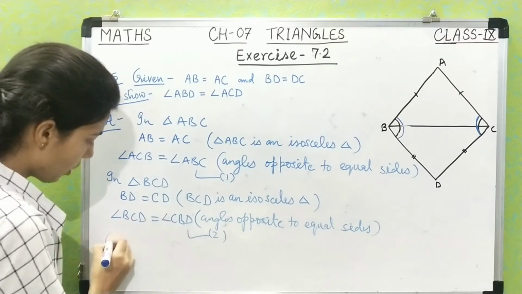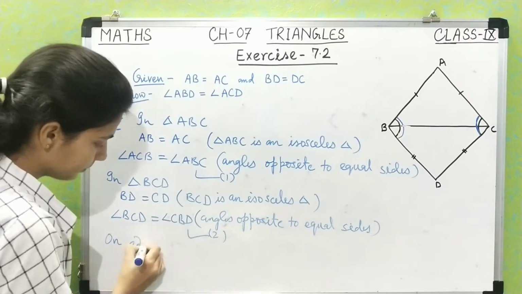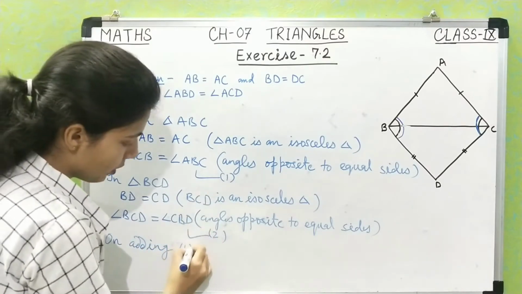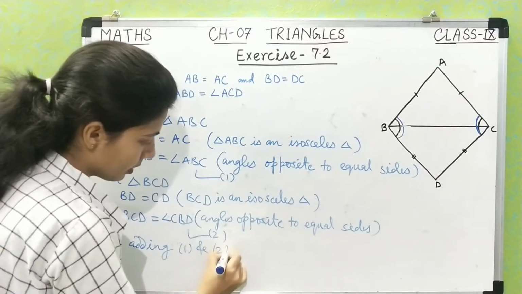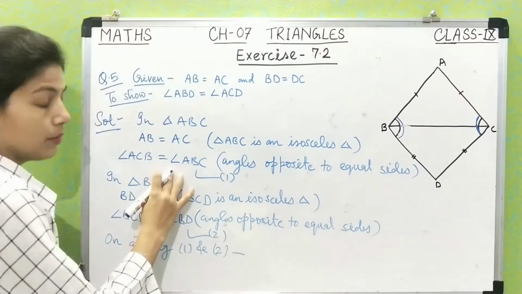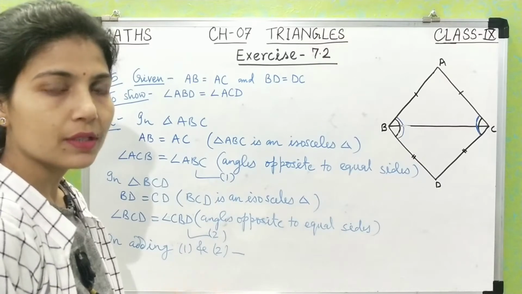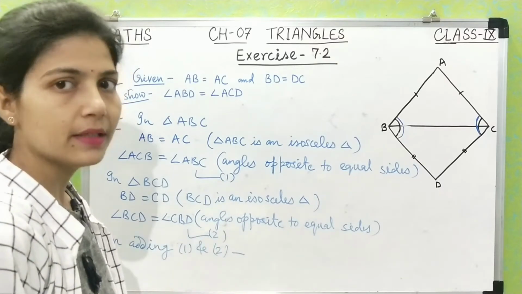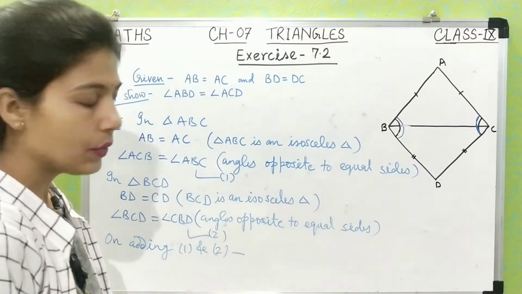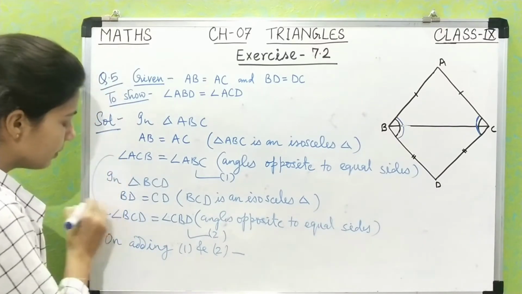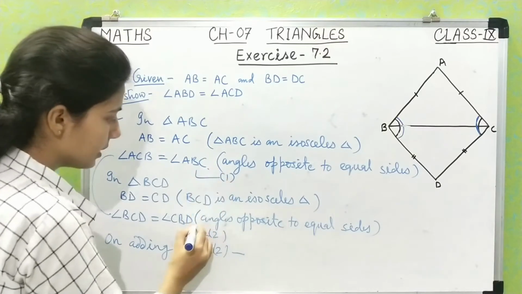So now, adding these equation 1 and equation 2. When we add two equations, the left hand side of one equation is added to the left hand side of the other, and the right hand side to the right hand side.